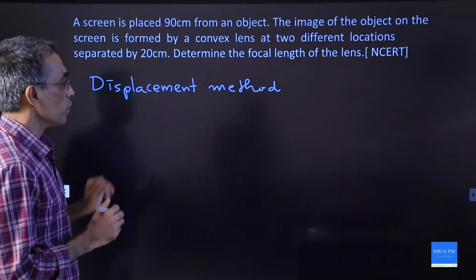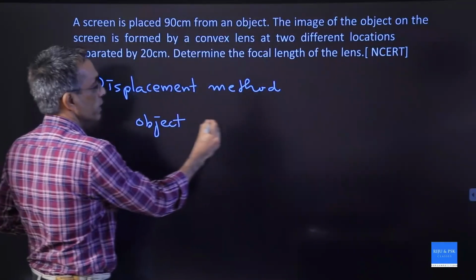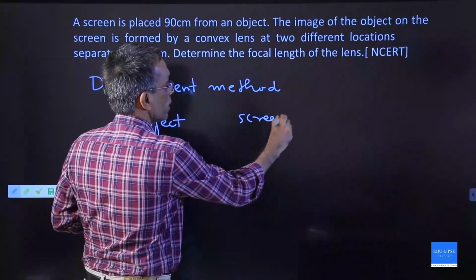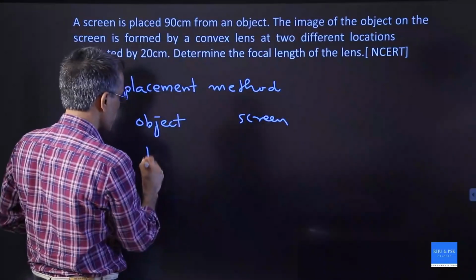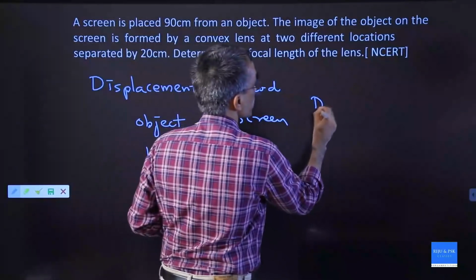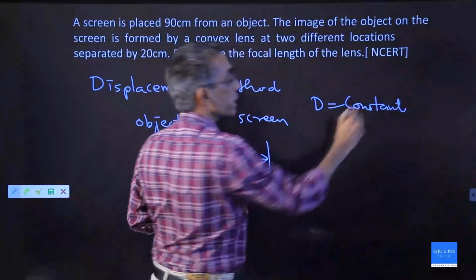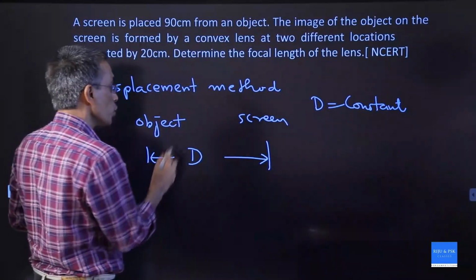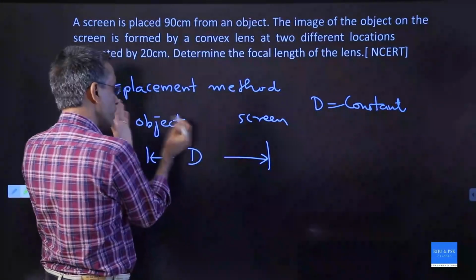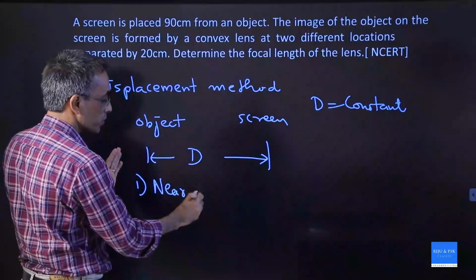Okay. Now here you will have an object and there will be a screen. The distance between the object and the screen, D, is kept constant. Then you will place a lens initially near the object.